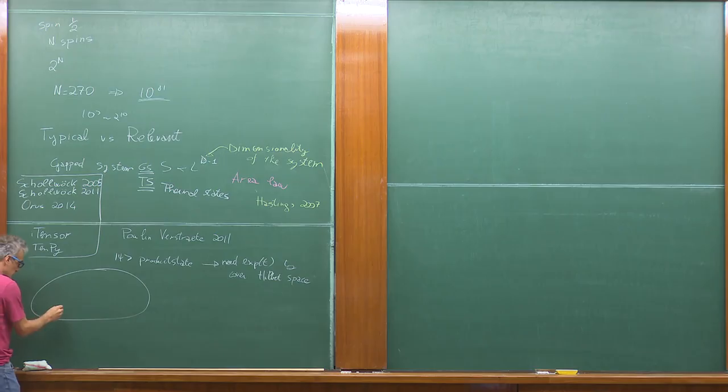There is a portion of states which are quite simple. We can call them area laws. And then as time evolves, they can cover a larger portion of the space, okay?